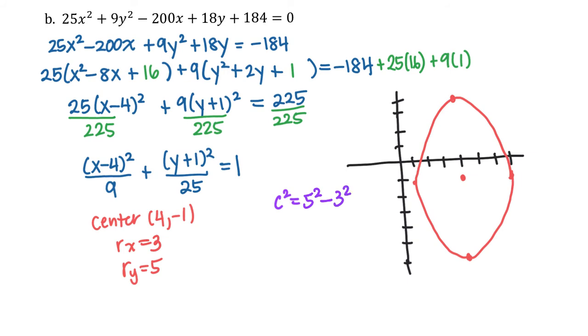The smaller radius is 3. Okay, so the focal radius is going to be 4. Okay, now the foci lie along the major axis, which is the longer direction. So because this is taller in the y direction, the foci will lie 4 units from the center of the ellipse in the y direction.